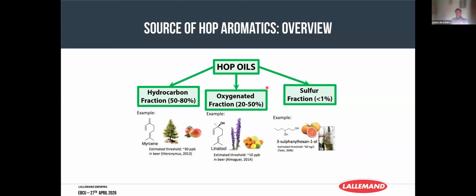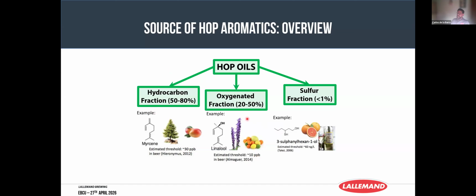Just three main fractions, I want to say, of hop aromatics. The biggest fraction is, as you can see here, the most talked about hydrocarbon fraction, with a relatively high sensory threshold. I say relatively high because even though it's very low, if you look at the other fractions, the smaller the molecules get, the smaller the sensory threshold is.